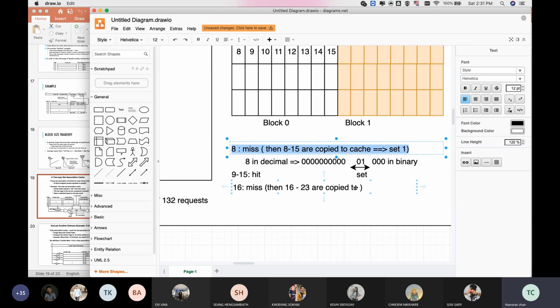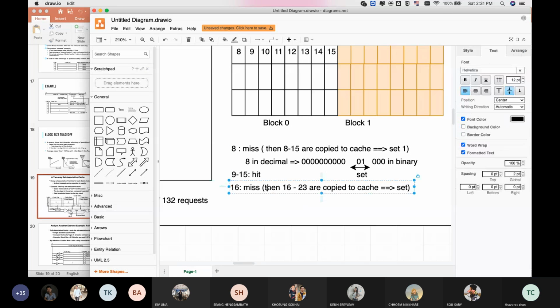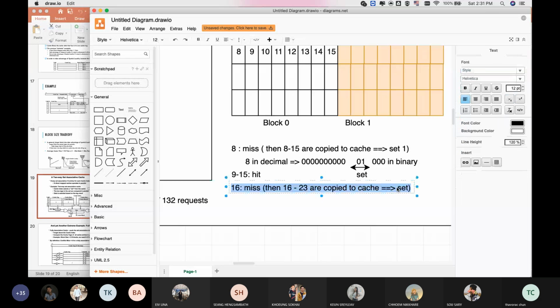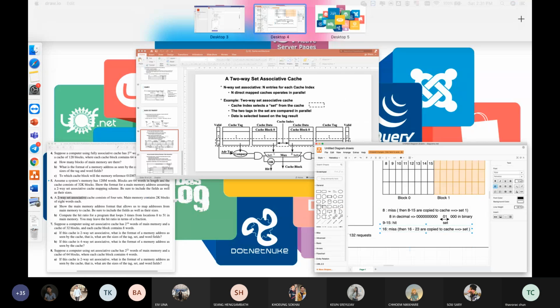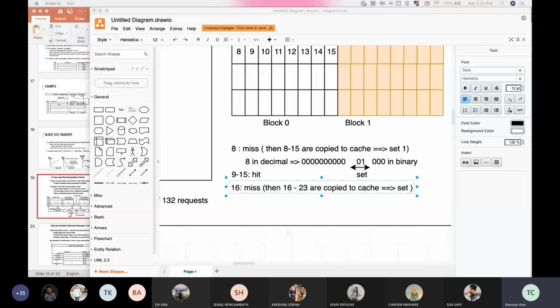To touch here, touch, and then set. Which set is it? Anyone know? Which set is this one? Okay, you can follow what we have done here. Something.